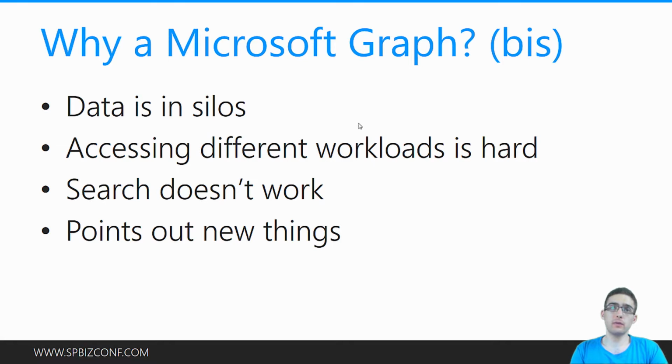Another conclusion we've come to in the last decade is that search simply doesn't work. Ask yourselves, how many times have you heard in your company or at your customers, SharePoint is great, I can work and collaborate, I can put documents and tons of data, but every time I'm looking for something, I can't find it because the search experience is very poor.